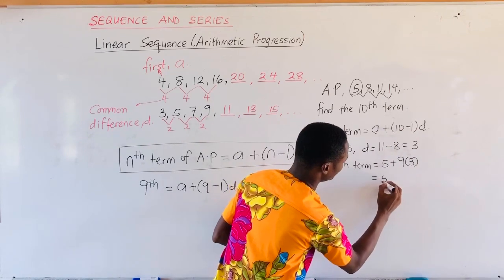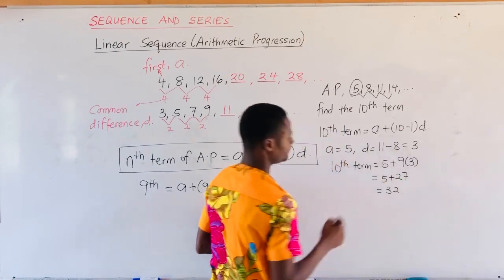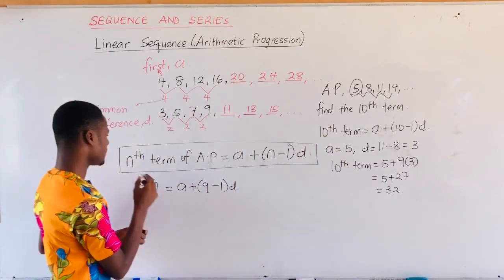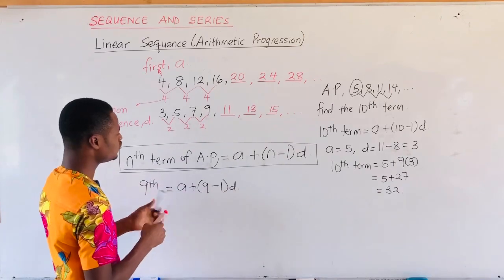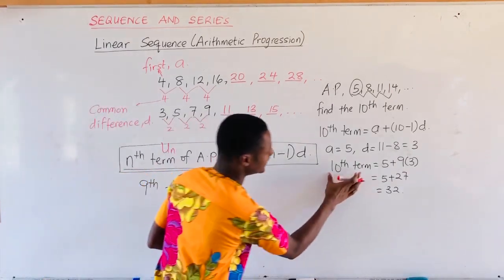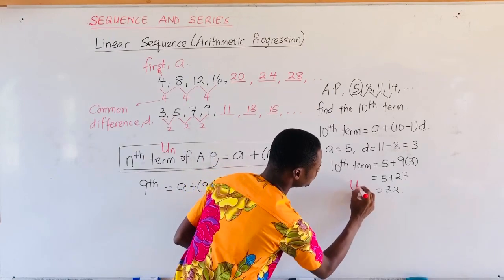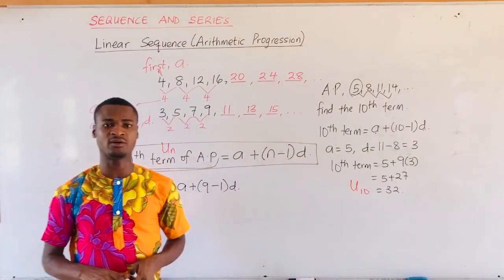And this will give us 5 plus 27, which is 32. Note that we also represent the nth term of an AP by UN. So the 10th term is called U10. And we will take further examples on this.